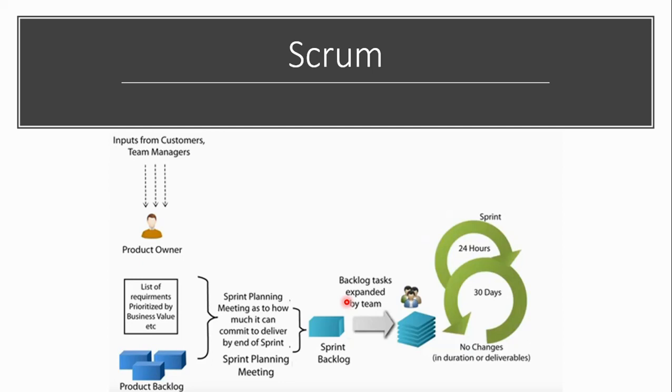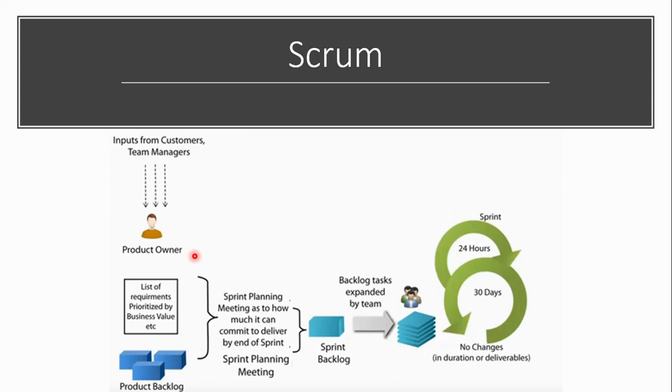So here there's a concept of a product owner for your product, who will take the inputs from the customers and their team managers. The project manager is separate, but there's a product owner here.